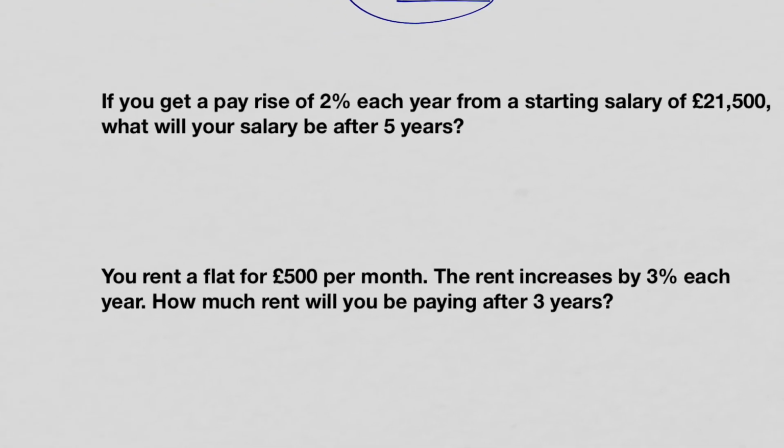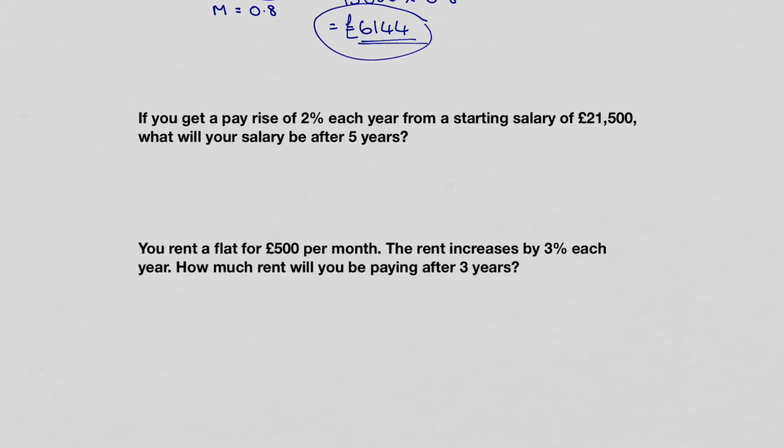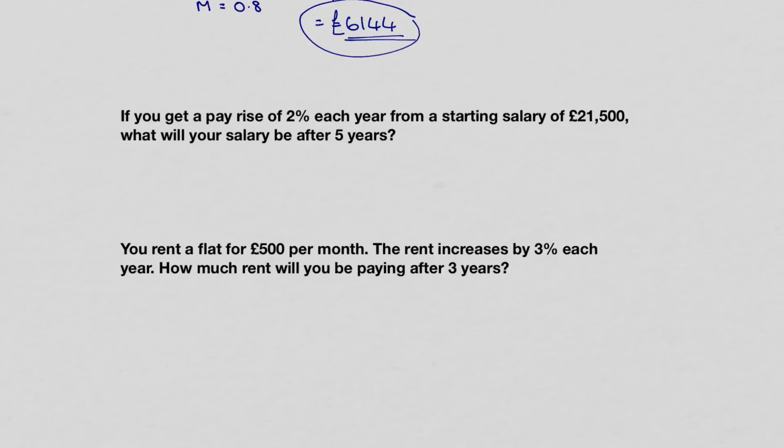Okay, and then, next question. If you get a pay rise of 2% each year from a starting salary of £21,500, what will your salary be after 5 years? Again, we need to find our multiplier to start with. We start off with 100% and we're getting a pay rise of 2%, so we've got 102%.